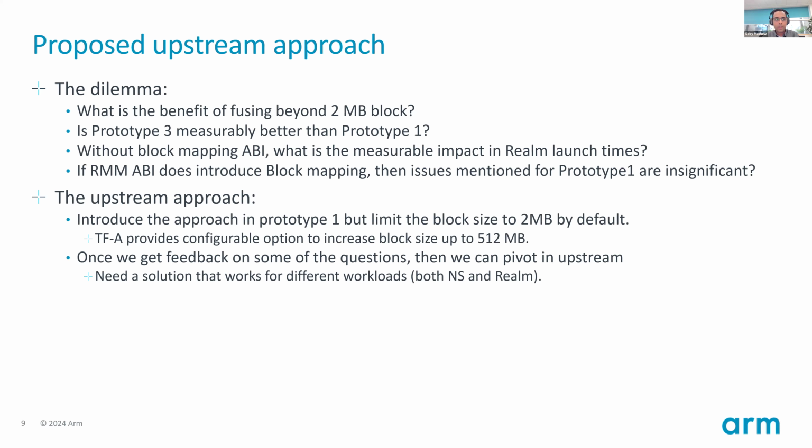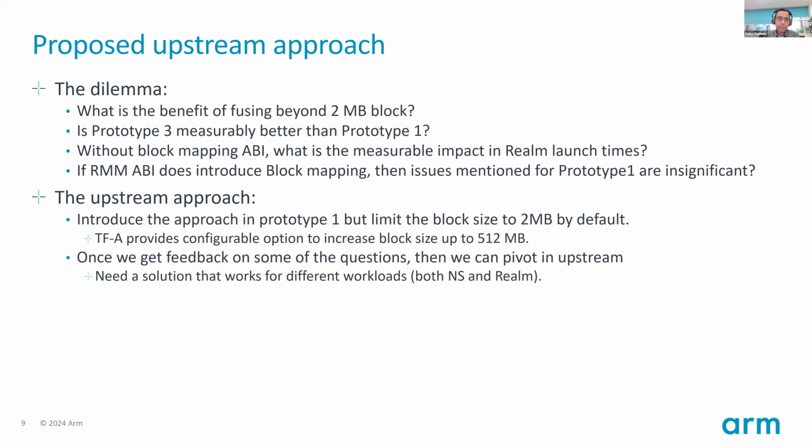What is the impact? We don't have that data today. If the RMM ABI does introduce block mapping, then perhaps the issues mentioned for the brute force approach, prototype 1, are insignificant, and hence we can stick with the brute force approach. So all of this data we don't have at this moment in time.